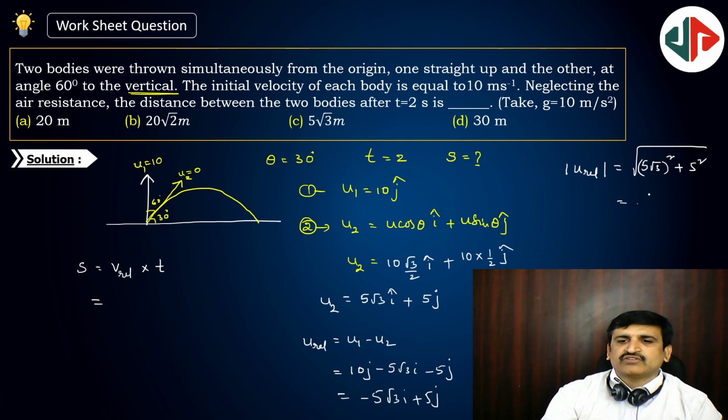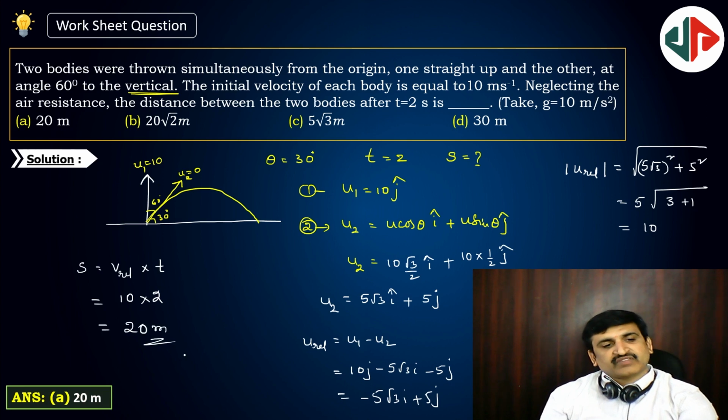Taking 5 square common, 5 comes out, and root of 3 plus 1 is root 4, which is 2. So the relative velocity is 10, and into time 2 seconds, s is equal to 20 meters. This gives the distance between the two particles after time t. Next.